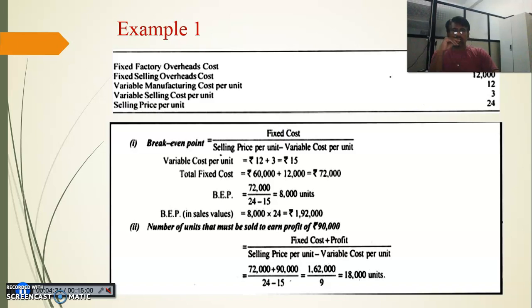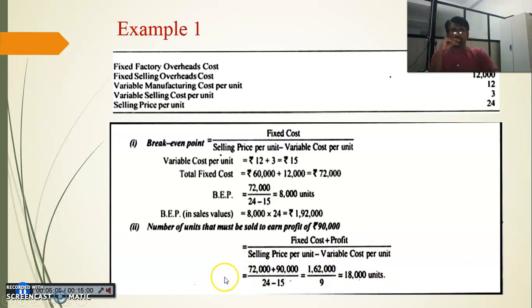So how should we proceed so that we can get the quantity where the selling of that quantity happens and the company will earn the profit of rupees 90,000? So this will be provided by the second formula from the earlier slide, that is, the quantity is equal to fixed cost plus profit divided by selling price per unit minus variable cost per unit.